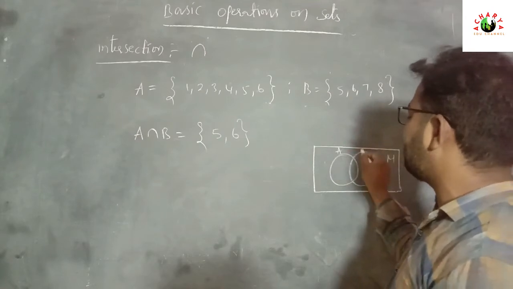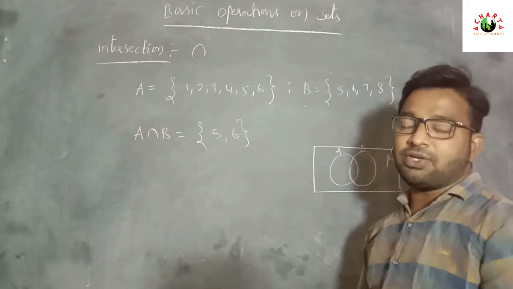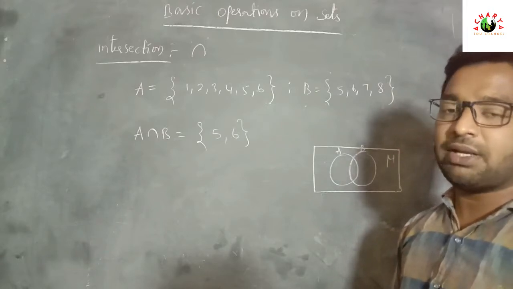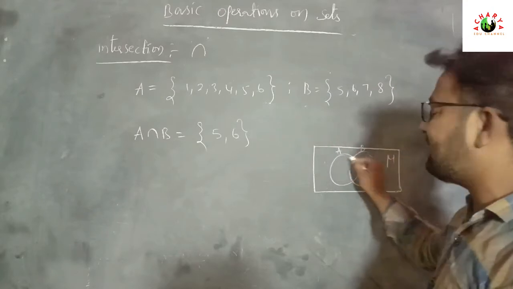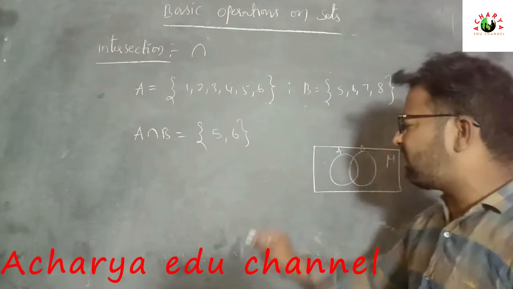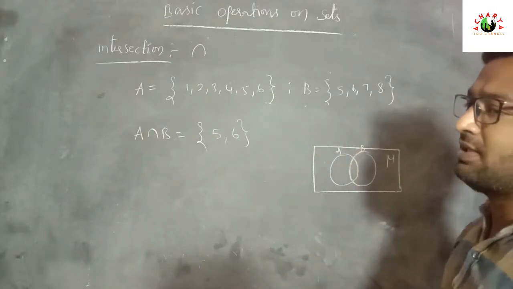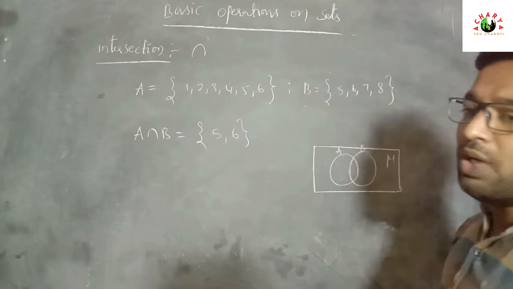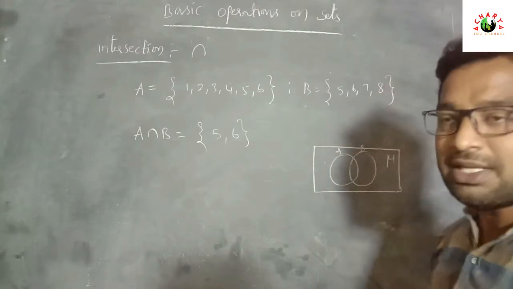This is set A, this is set B. When we are drawing A union B also, first we draw a rectangular box, mu, and take set A and set B. This is common for all. The elements are also common for union and intersection and difference, but only the shaded part is different.